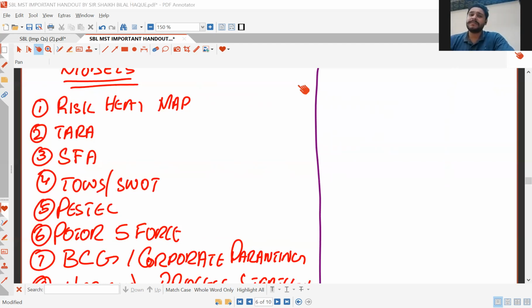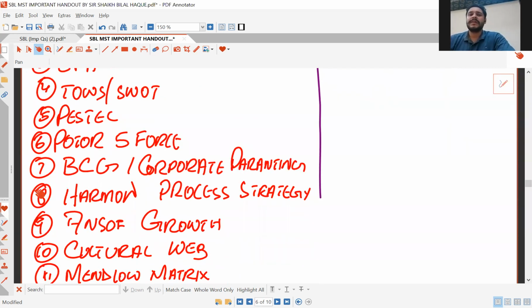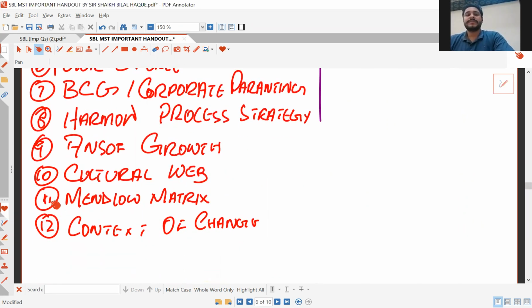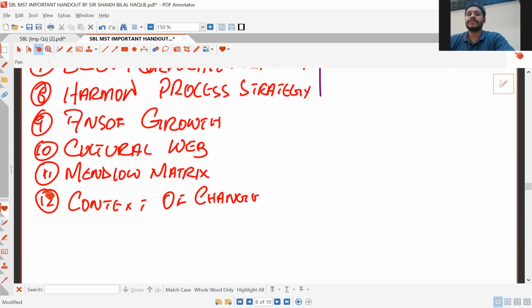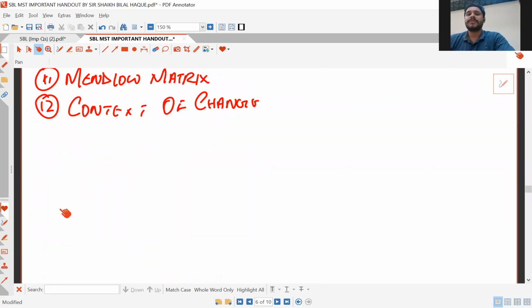That is the risk heat map, Tara model, SFA, TOWS, SORT, PESTEL, Porter's Five Forces, Boston Consulting Group, corporate parenting, Harmon's process strategy, Ansoff's growth model, cultural web, Mendelow's matrix model, context of change.